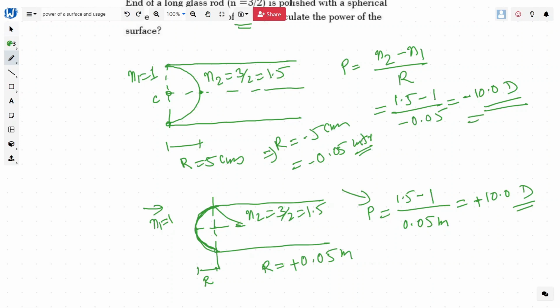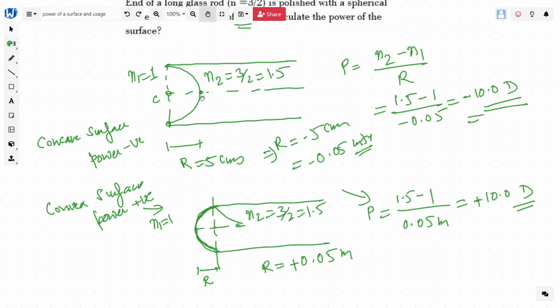Okay, so we can write that down. For the concave surface, power is negative. For a convex surface, power is positive.